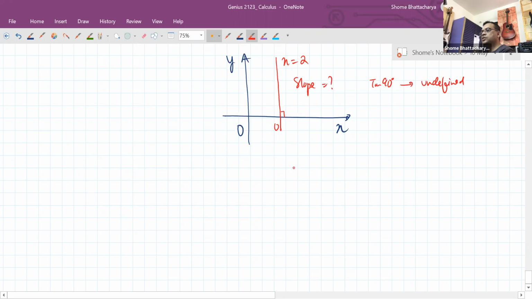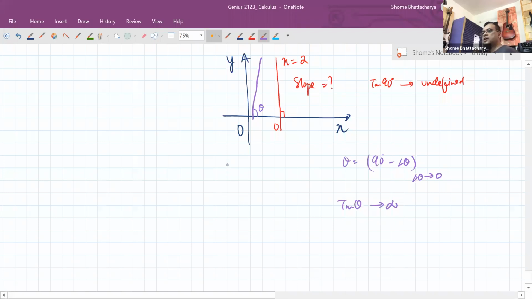But suppose I have another line where it's almost 90 degrees. So this theta is equal to 90 minus some delta theta, where delta theta is tending to 0. So what will be tan theta? It will be tending to infinity. Okay, sir. Yes, sir.